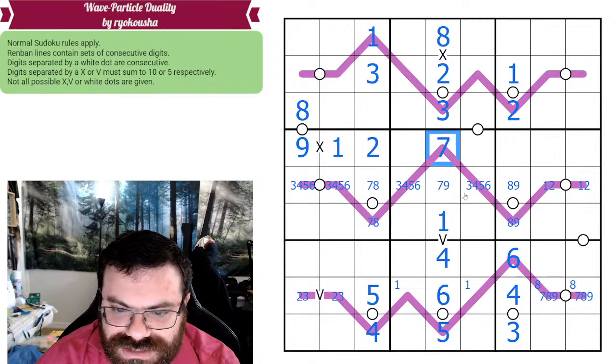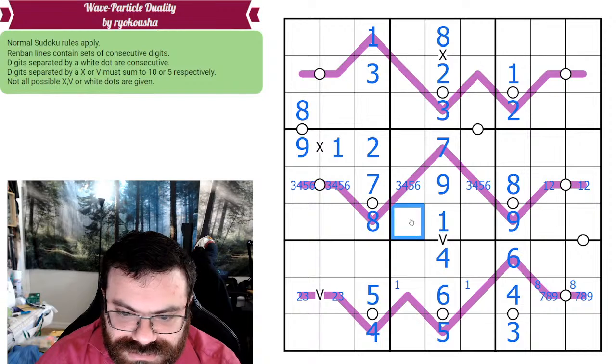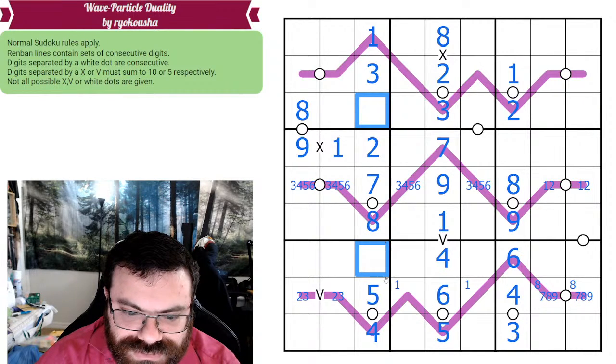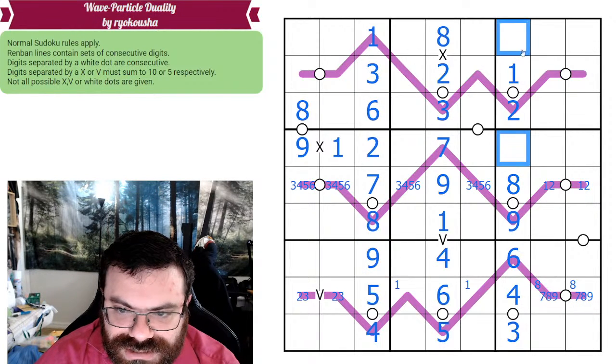Oh, the 9 sees here. That's 7, 9, 8, 9, 7, 8. There we go. Okay, this pair is 1, 2, 3, 4, 5, 6, 9. I know the order. This pair is the 1, 2, 3, 4. We need a 5 and a 7. 5, 7.